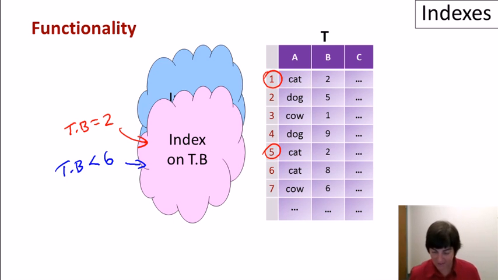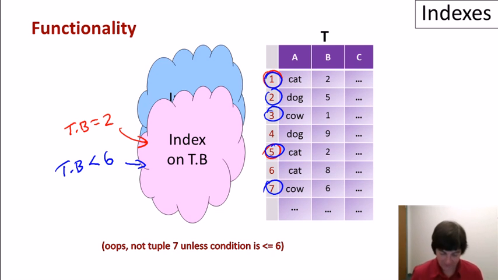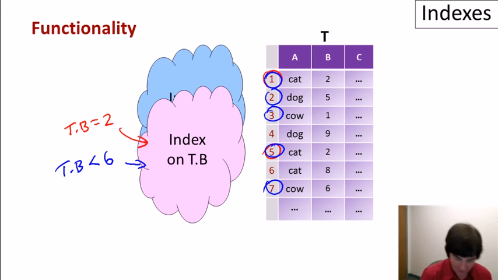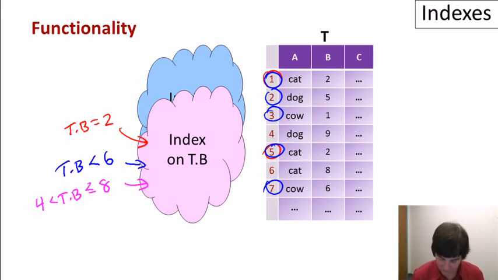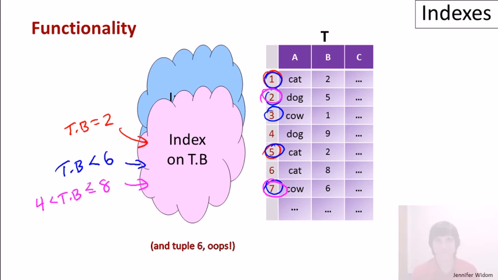And the index in that case would tell us that tuple 1 is less than 6, 2, well, most of them, 3, 5, and 7. We could ask an even more complicated question. We could ask when the value for T.B is, say, greater than 4 and less than or equal to 8. Again, we ask the index, and in this case, the index would tell us that it is tuple 2 and tuple 7.